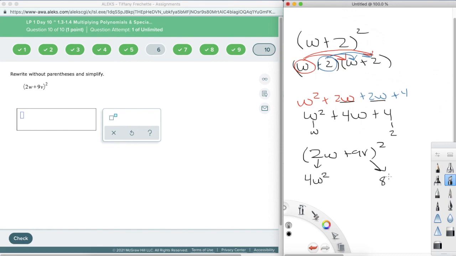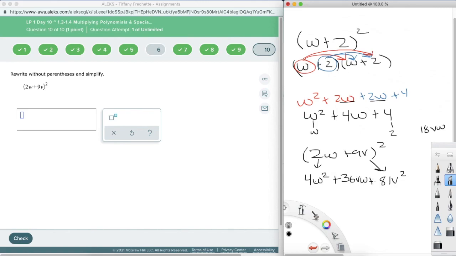And then this middle term, since it's a plus here, I know I'm going to be adding everything, so that's not going to change. But I do want to take these two pieces and multiply them together. So 2 times 9 would give me 18, then v times w, right? And then I want to multiply that by 2 before I put it back in here. So it would be 36vw.